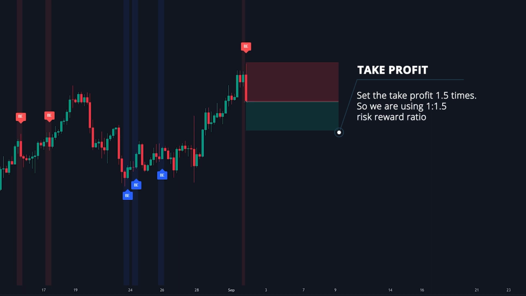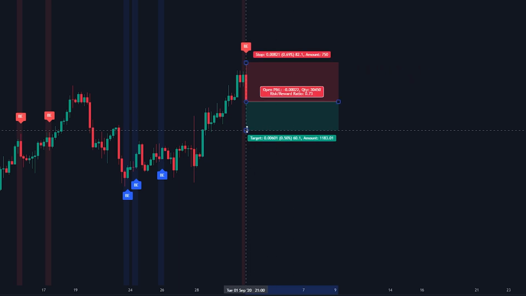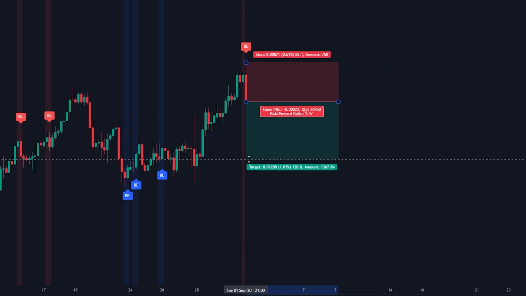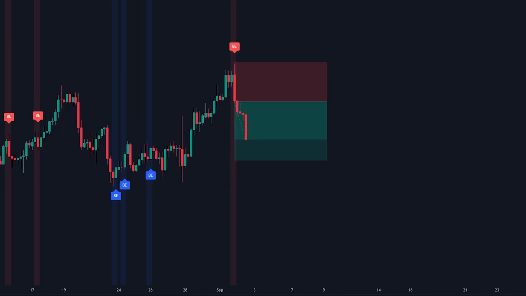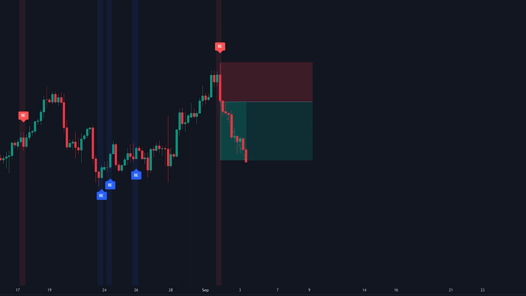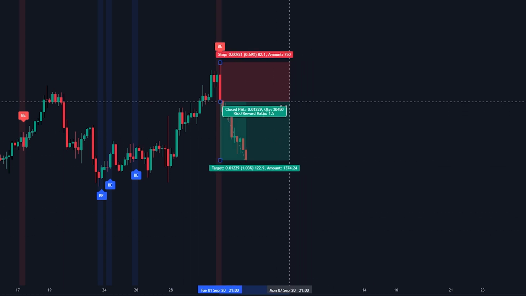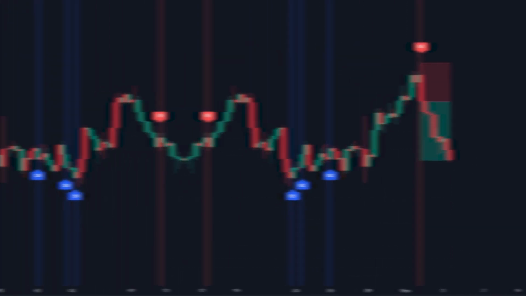Set the take profit 1.5 times, so we are using a 1 to 1.5 risk-reward ratio. This transaction completely hit the target.